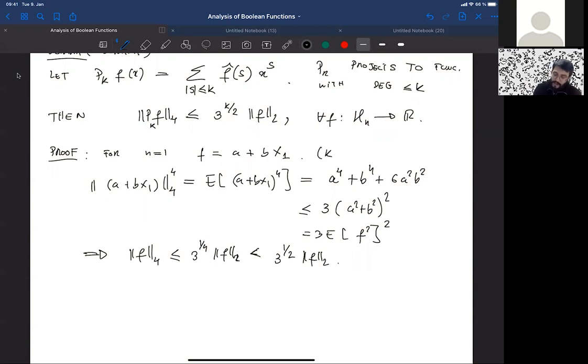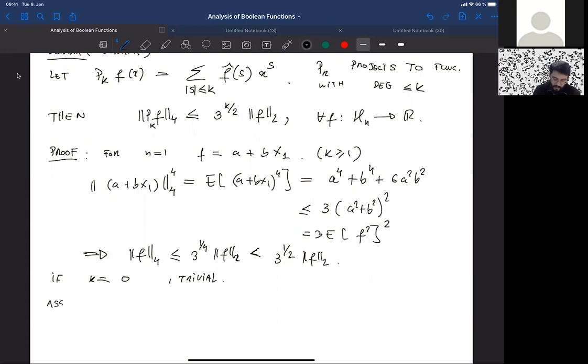That was if k was greater or equal than 1, and if k is 0, that's trivial, because the left-hand side would be just a, and this guy would be just that. Okay, so that's trivial. So let me do it by induction.